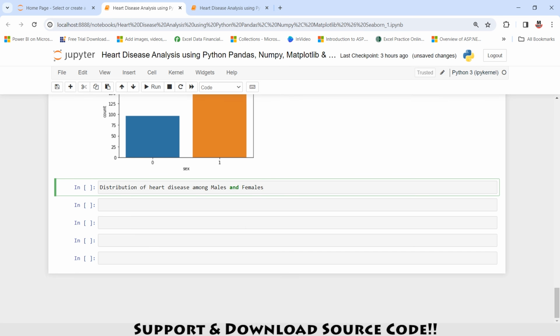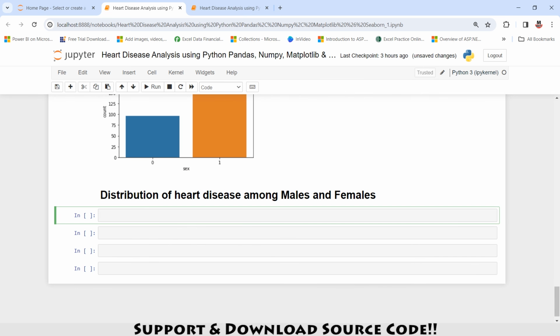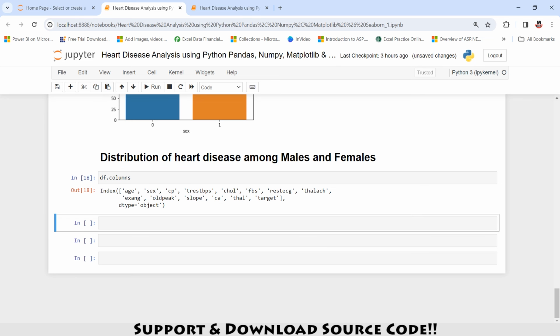So now we are going to check the distribution of heart disease among males and females. Heading, OK, Shift Enter. First of all I'm going to write df.columns. So these are my columns. Now I'm going to type sns.countplot. In countplot my data is the data frame, and on the x-axis I want my gender, and I want to distribute my gender on the basis of target, on the basis of disease or no disease.